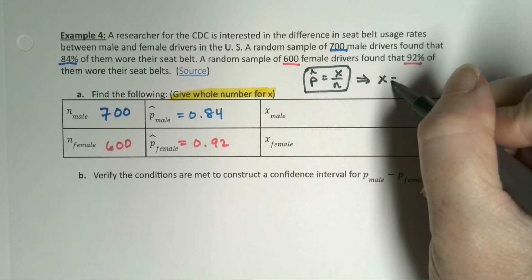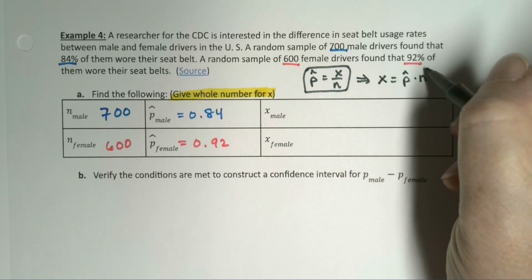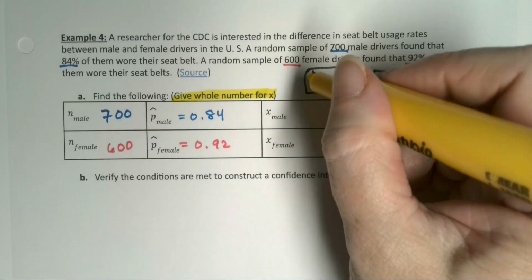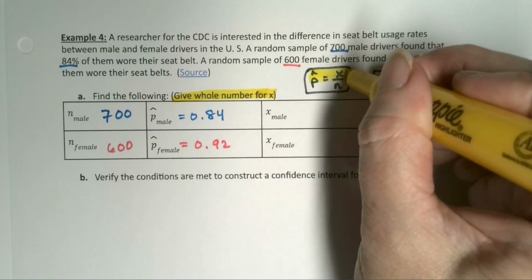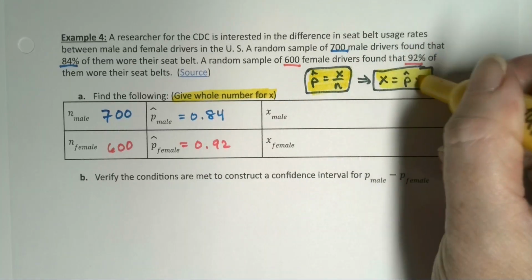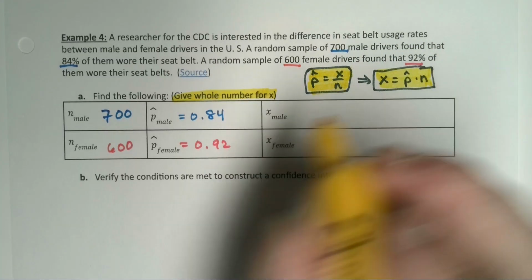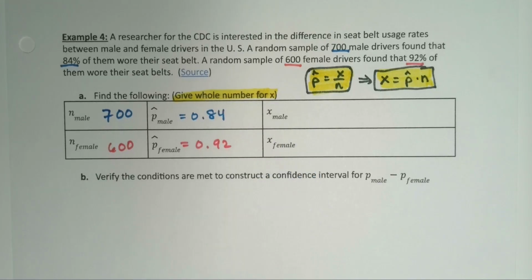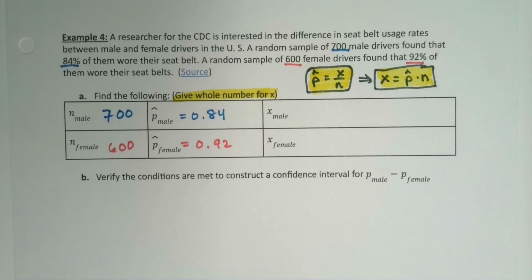So that means x would be p hat times n. So that's two lovely formulas, and one really comes from the other. This is going to help us find our x values. And if you're thinking, why do I need my x values? You need them for putting it all in StatCrunch later.